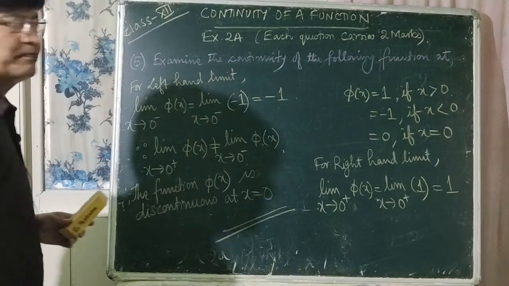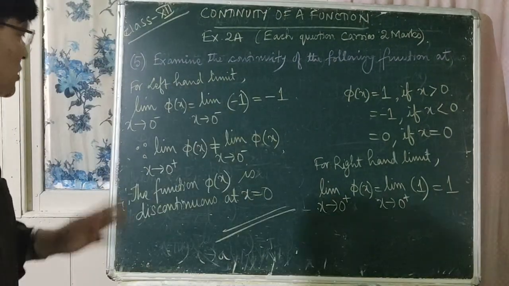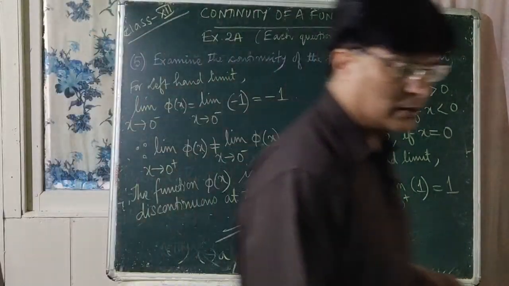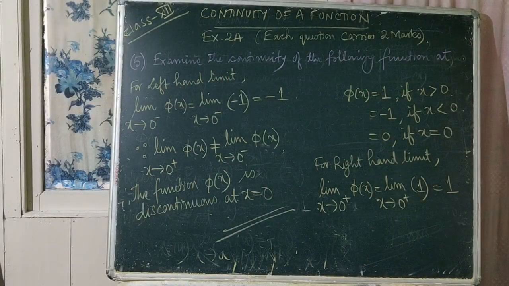So this is the answer. So the function is discontinuous at x is equal to 0. Is that clear? So you can copy it. Now we'll do the next question.